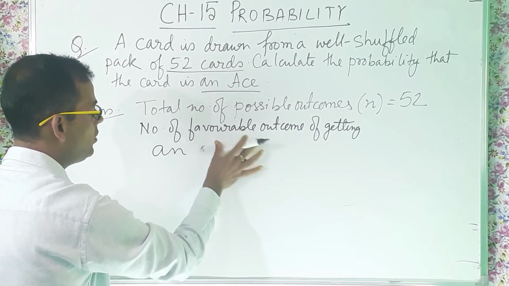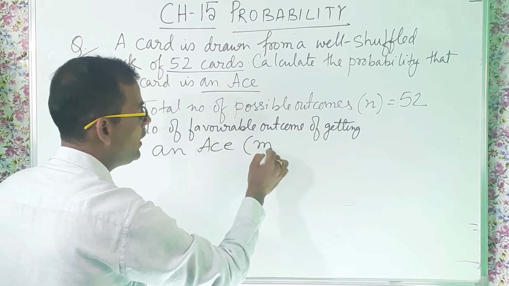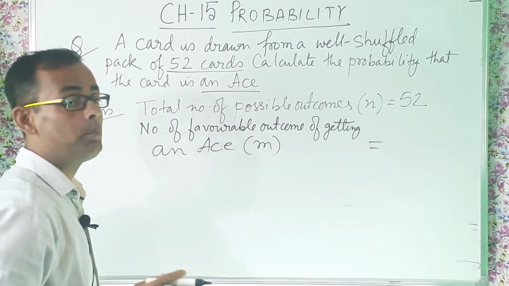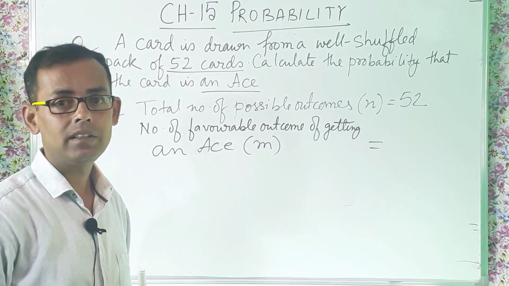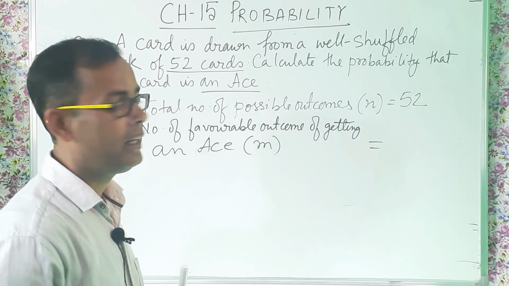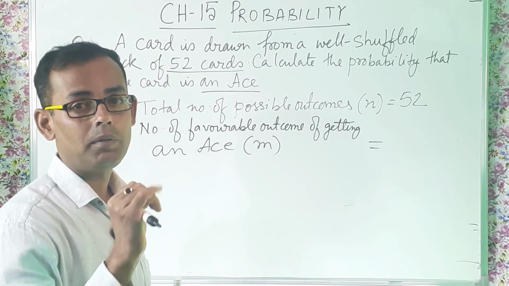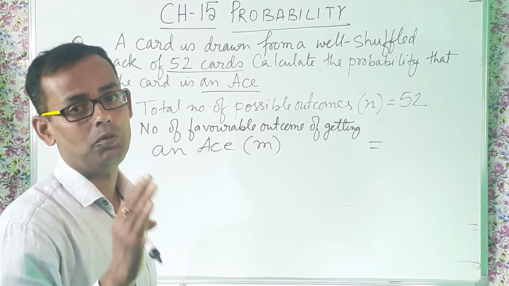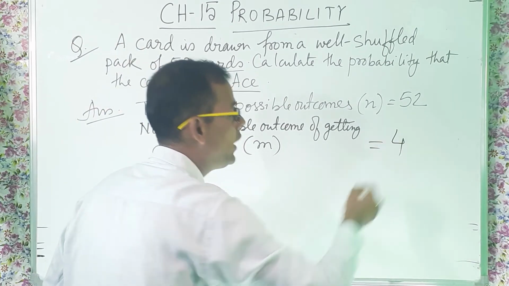I will write Ace in capital letter, and that is m, and how much will that be? Now in a pack of 52 cards, how many aces are there? There are 4 aces. One is of spade, one is of clubs, one is diamond, and one is heart. So 4 aces are there.